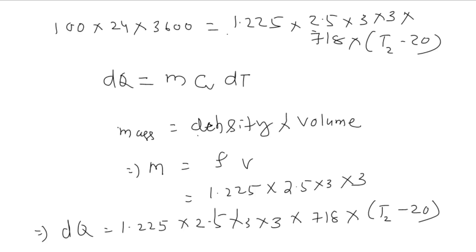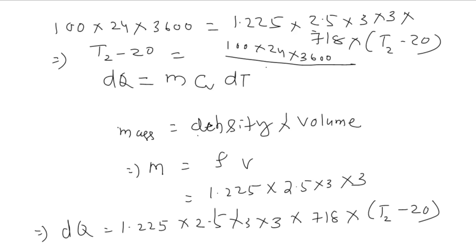From the above expression we can write T2 minus 20 equals 100 into 24 into 3600 whole divided by 1.225 into 2.5 into 3 into 3 into 718.